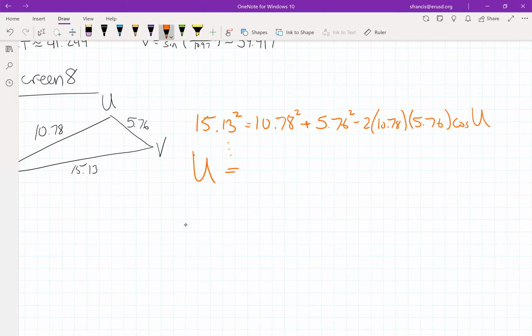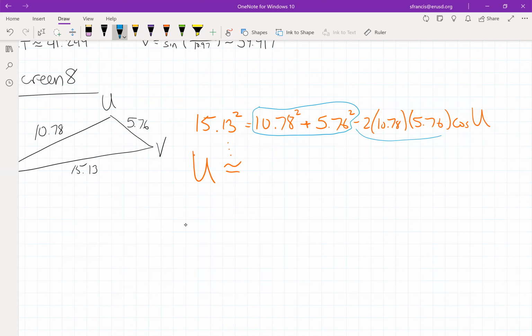And not show you all the algebra. It's the same algebra I did above. I would subtract these two quantities, and then I would divide by the other quantity. Subtract these first from both sides, and then divide by what's left here, and then take the inverse cosine.